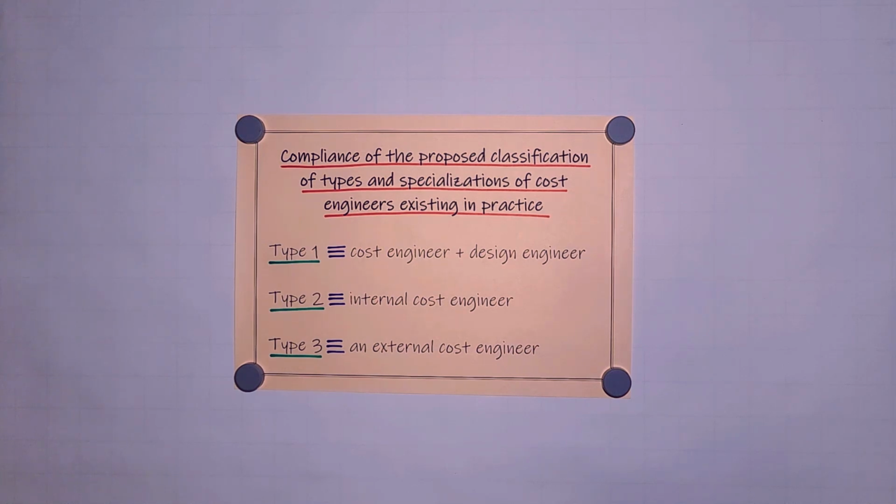Thus, having limited the cost engineering system to the three types of cost engineers described above, we consider a kind of idealized system in which cost engineers of three types can receive any information they need from specialists in border areas.